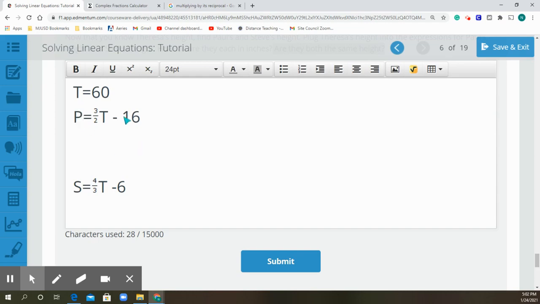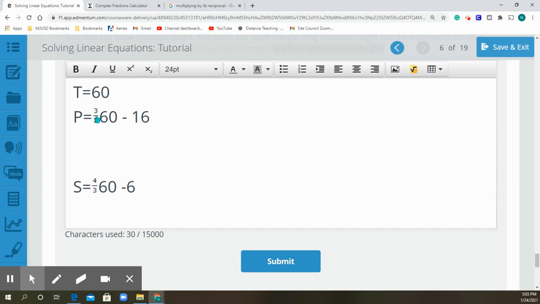Okay, so now we can solve this. And the way we do that is by taking the 60 that we now know, because we solved for it, and put it into here. 60 and 60. Now we solve this.